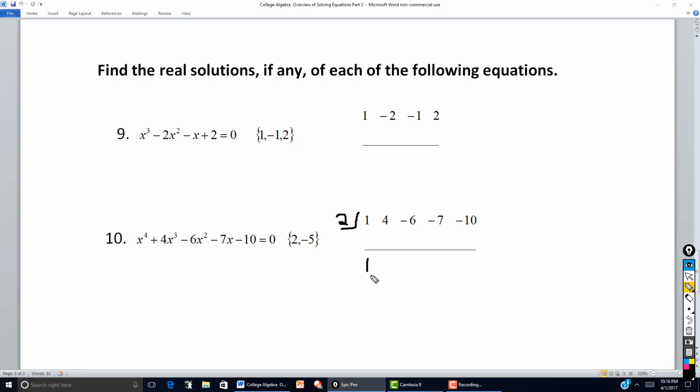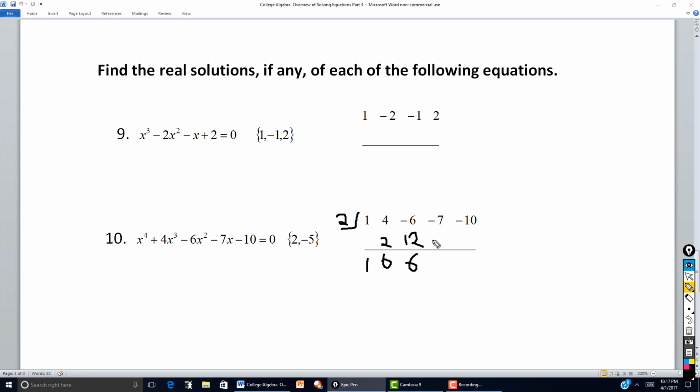Okay, so I'm using the synthetic division, instead of the long division. So I go 2 times 1 is 2. Then we add here. 4 and 2 is 6. 2 times 6 is 12. Add, and I get 6.